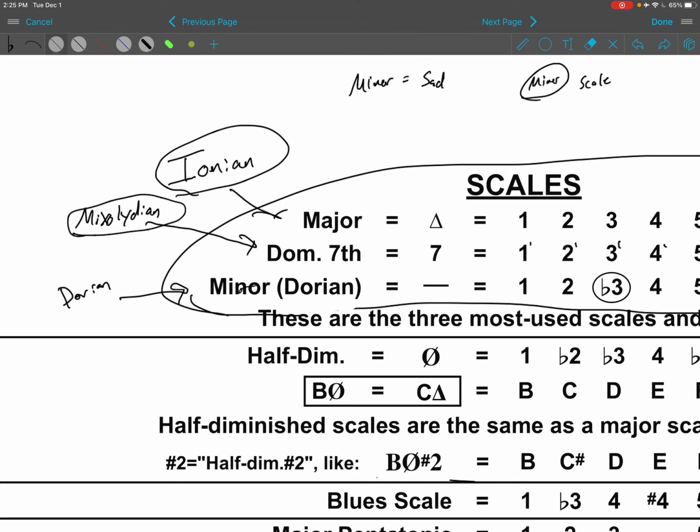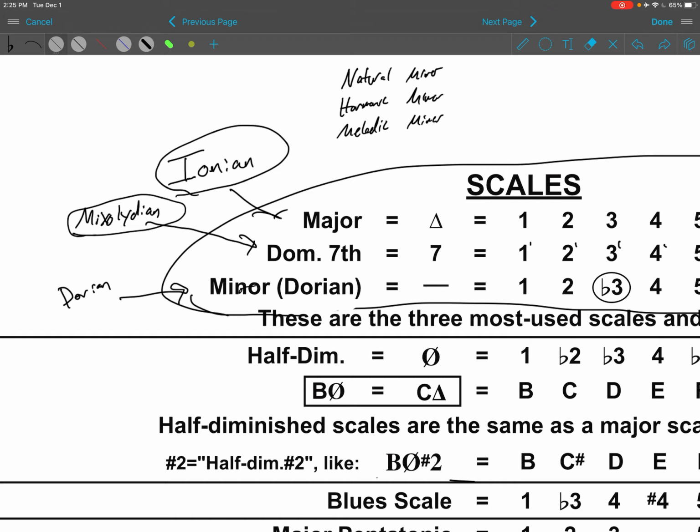For example, in your Theory 2 class, you guys probably learned about the three minor scales, at least you did if you took it with me, which would be the natural minor scale, and then the harmonic minor scale, and then the melodic. Okay, when you say minor, it's just not specific enough. It doesn't tell the person you're talking to enough information.